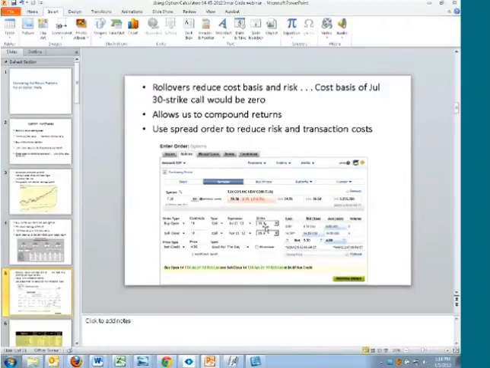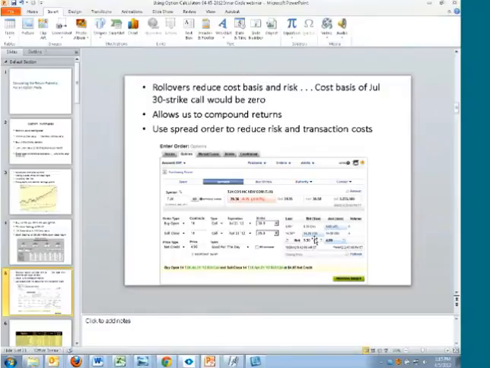The trading platform will give you the bid and ask price for both the option purchase and for the option closeout. So the bid and ask for the July 30 call, if you split the difference, is about 9.45, and the closeout of the April 25, if you split the difference, is about 14.40.